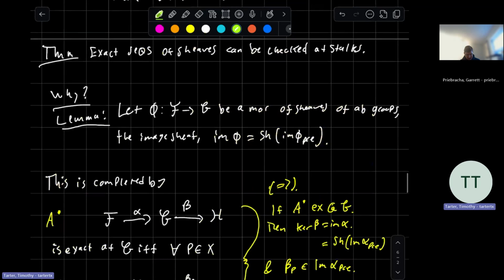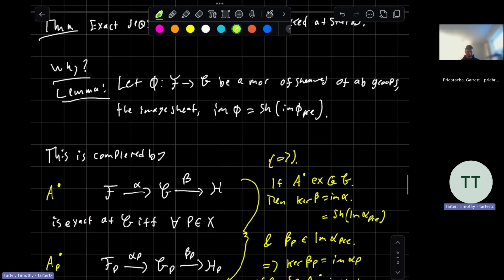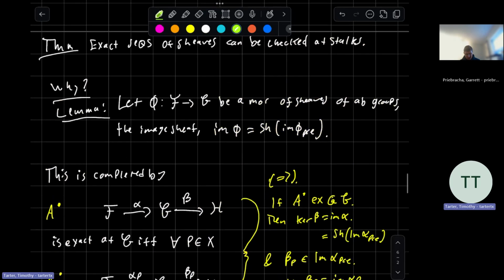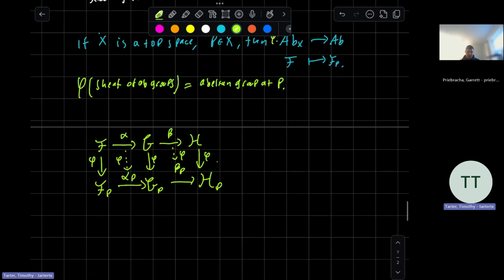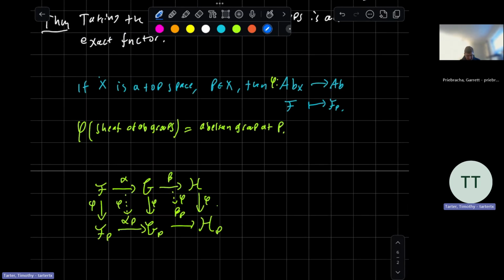And so then, by this thing, which really is its own theorem, basically we know that if this is an exact thing, then its exactness is preserved.